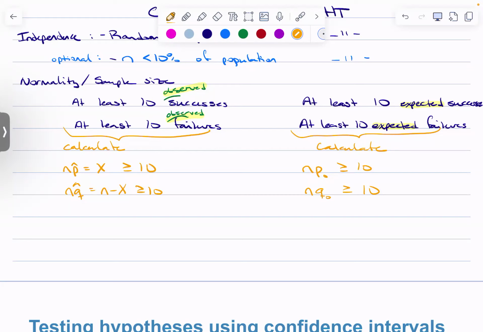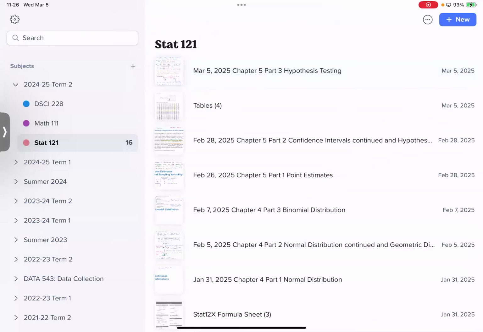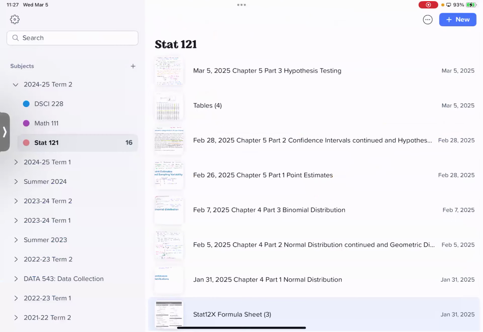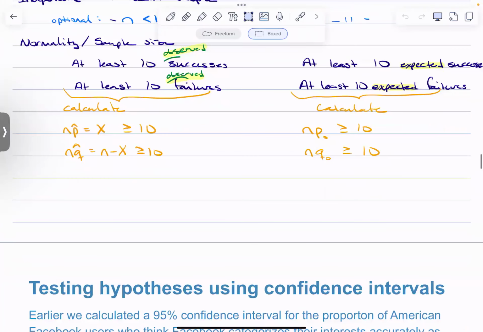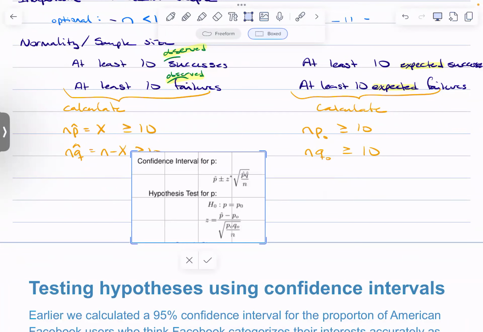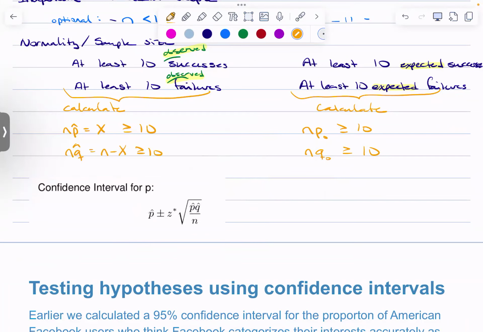The reminder that I use for myself is, I know, I'm a broken record, on your formula sheet. So on your formula sheet, paste this and your confidence interval.